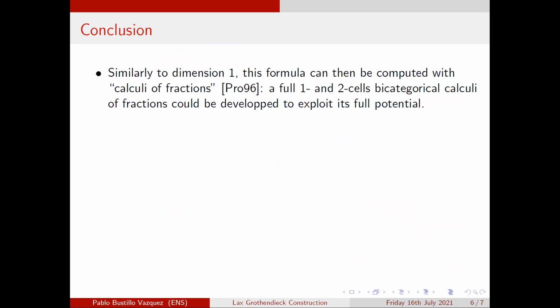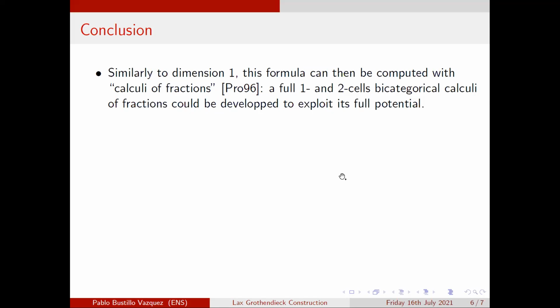And now I just wanted to speak a little bit about future possible ideas to explore. And so first, most of the formulas we've shown use localizations of bicategories, which is slightly a problem because localizations in general can be very ill-behaved.